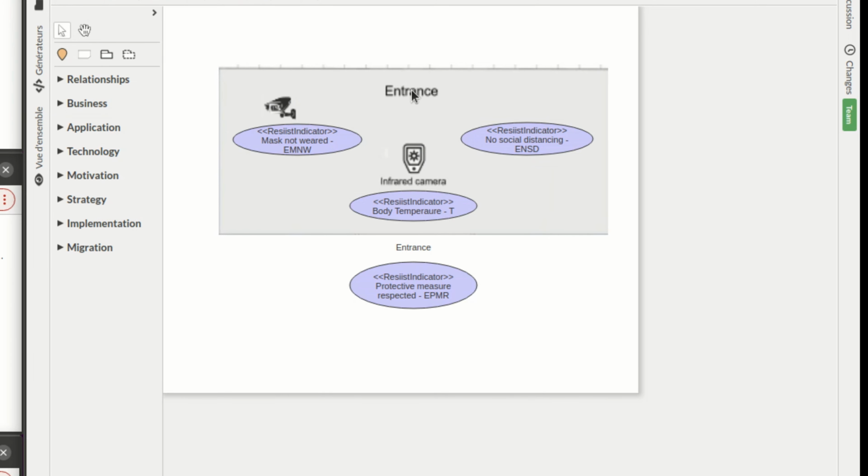The entrance has two indicators, EMNW and ENSD: people not wearing masks and those not respecting distancing, which are aggregated to obtain EPMR. Again, the aggregation is the same as with the other zones for these MNW and NSD indicators.